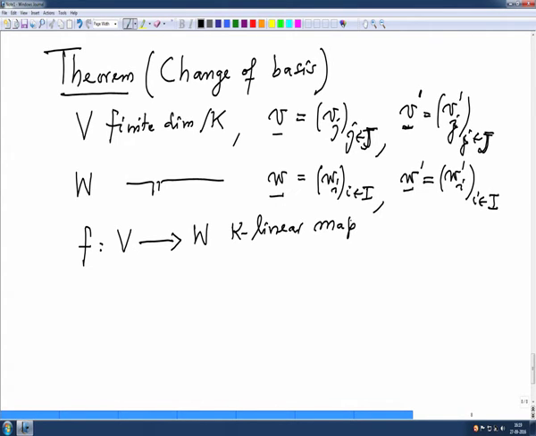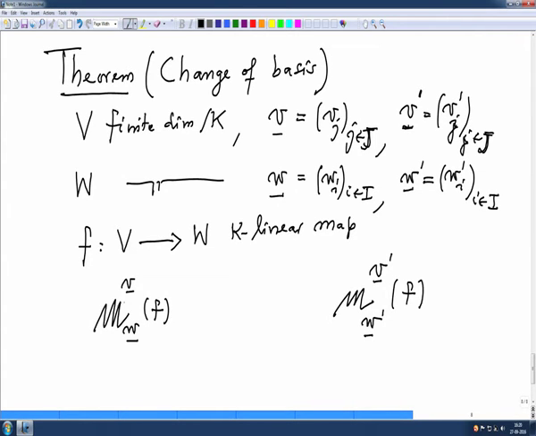Then what we want to find out is the relation between the following two matrices. One is obviously M_V^W(F), and the other is the matrix of F with respect to these two bases, V prime and W prime. And I want to write down the relation between the two.